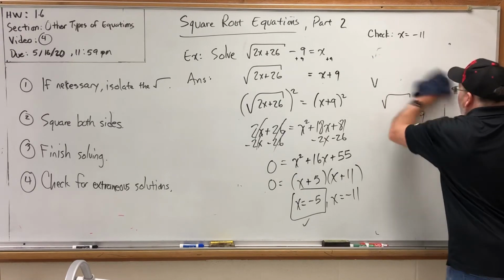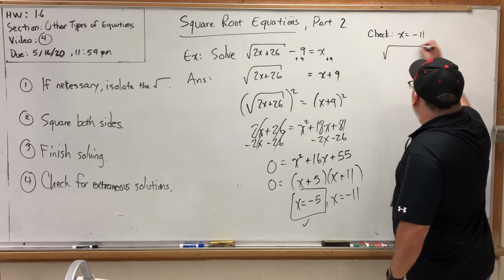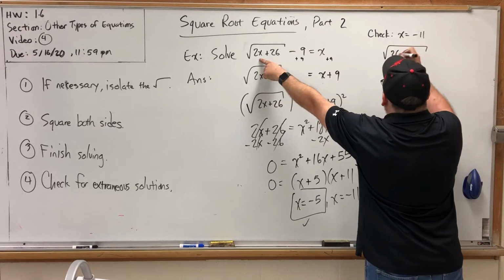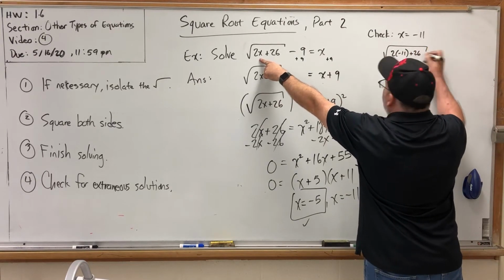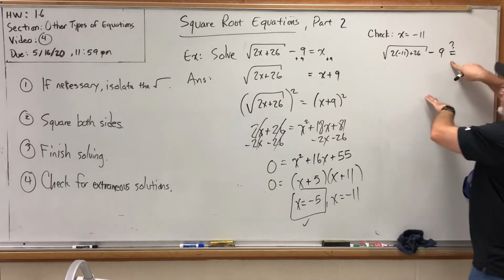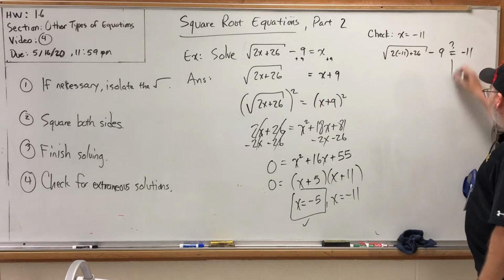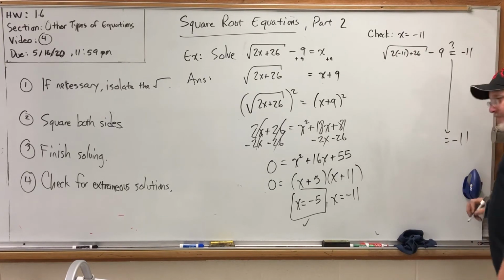I'll just start it from scratch. All right. So square root of 2 times negative 11 plus 26 minus 9, and we're asking is it equal to x, which is negative 11. Nothing to do on the right side, so the negative 11 is there.